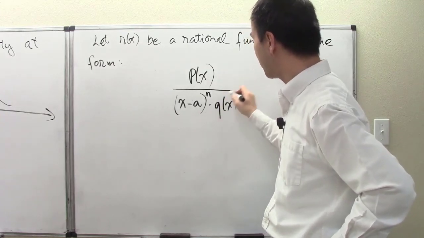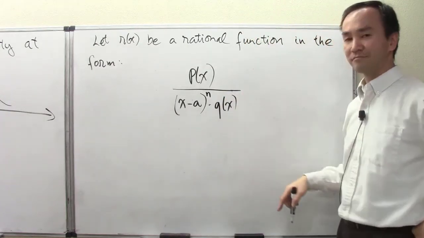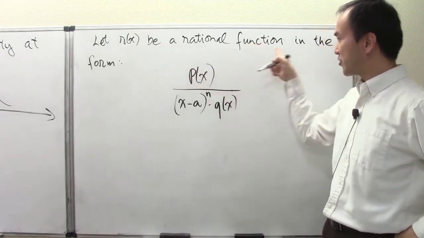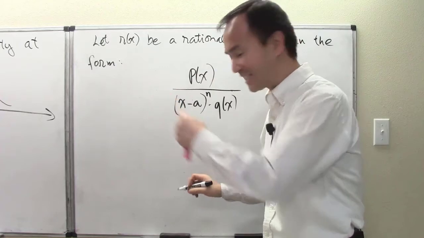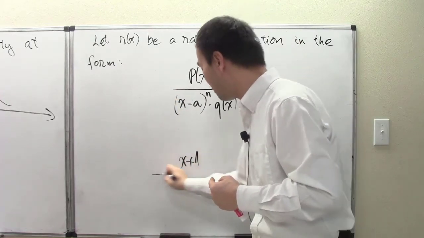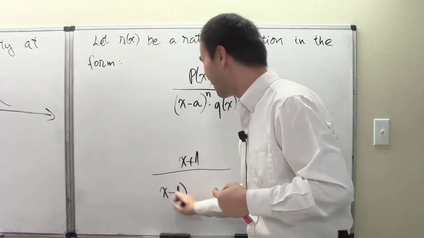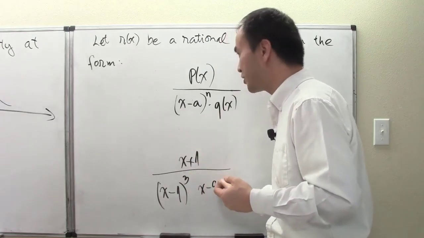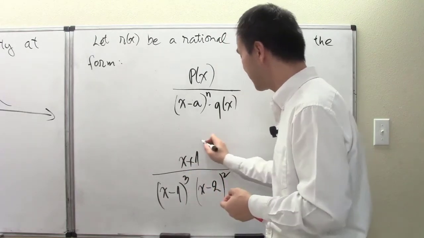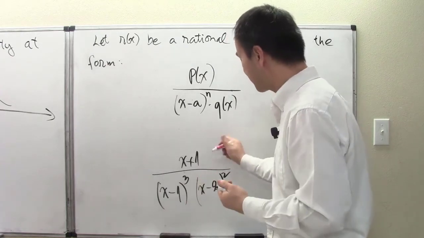These are all polynomials. Let R of x be a rational function in a form thus. Just like what I had earlier on the other board, x plus 1 over x minus 1 all cubed times x minus 2 all squared, for example. So this is my p of x.